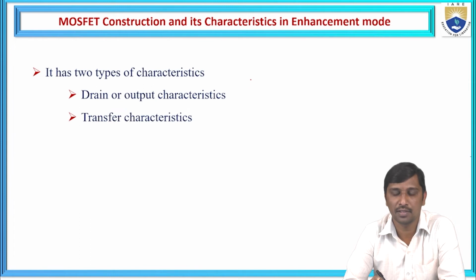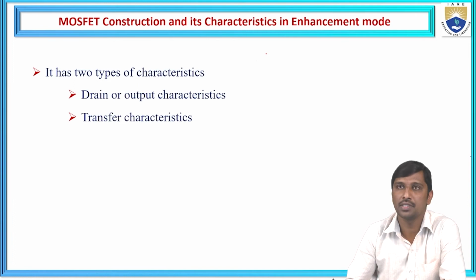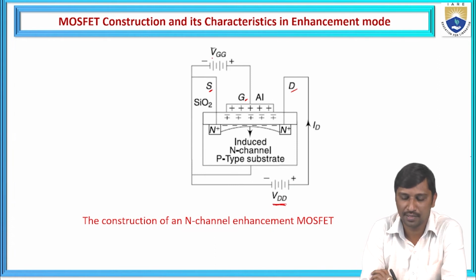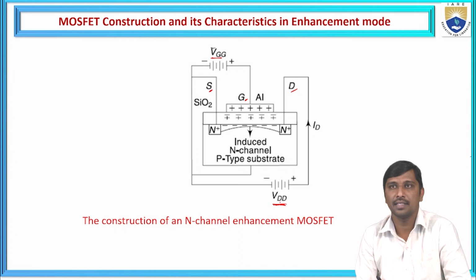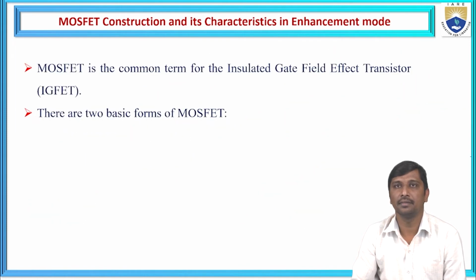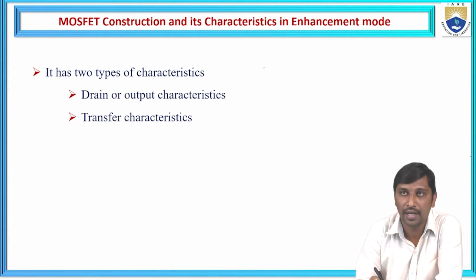We apply a biasing voltage between the drain and the source, and another biasing voltage between the gate and the source. If you observe the construction, we have two biasing sources: one is VDD and one is VGG.